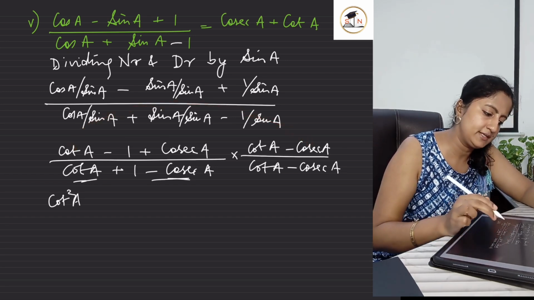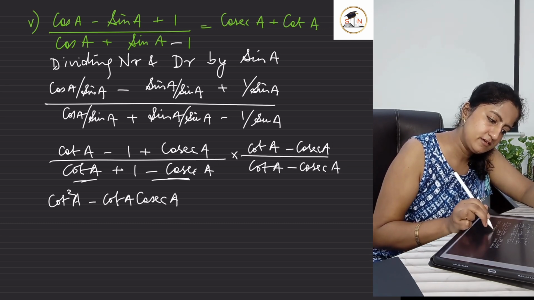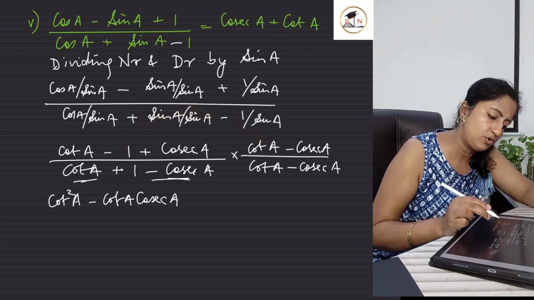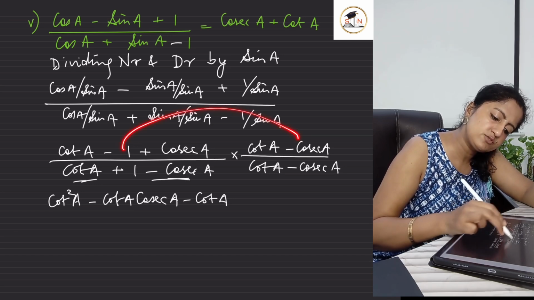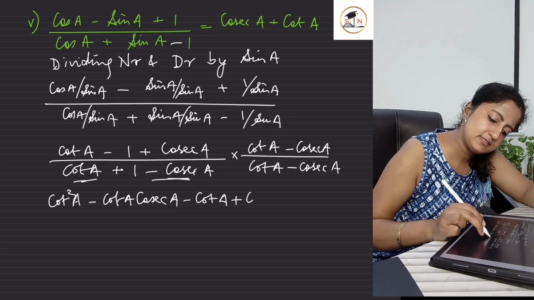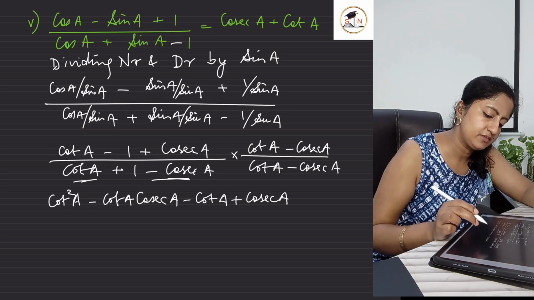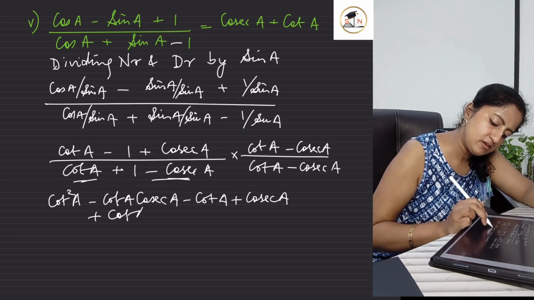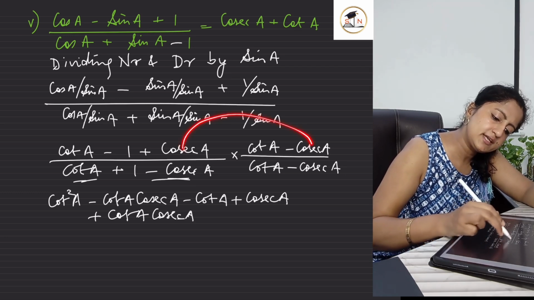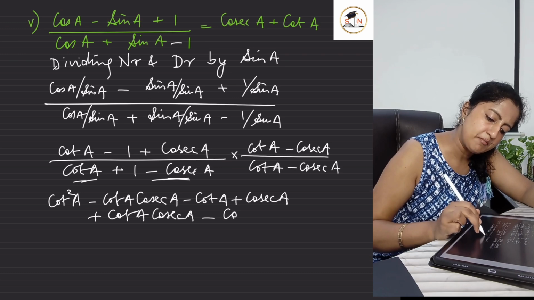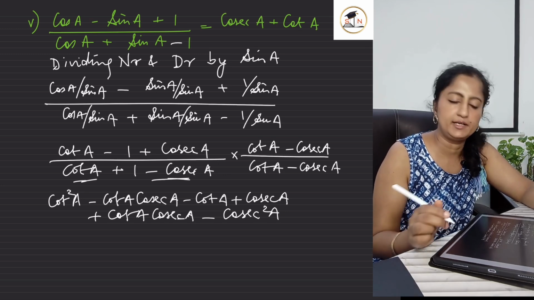Then cot into minus cosec gives minus cot A cosec A. Minus 1 into cot A gives minus cot A. Minus 1 into minus cosec A gives plus cosec A. And then cosec A into cot A gives you plus cot A into cosec A. After that, the last term, cosec A into minus cosec A, gives us minus cosec square A. This is just the expansion of your numerator.